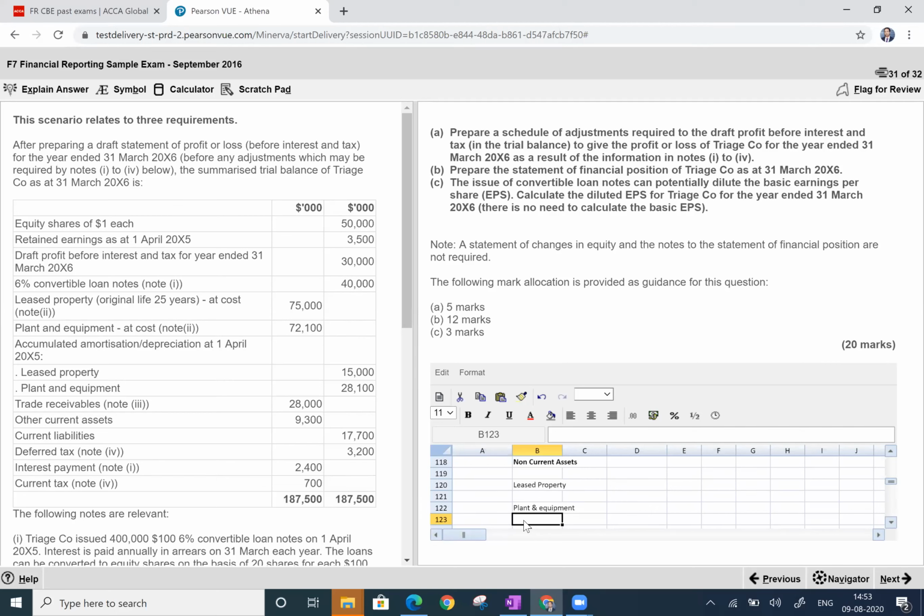Then it is trade receivables and other current assets. So I'm writing current assets. Just check whether there is any inventory. No inventory. Equity, retained earnings, PBIT, convertible loan note, leased property, plant, trade receivables, other current assets.